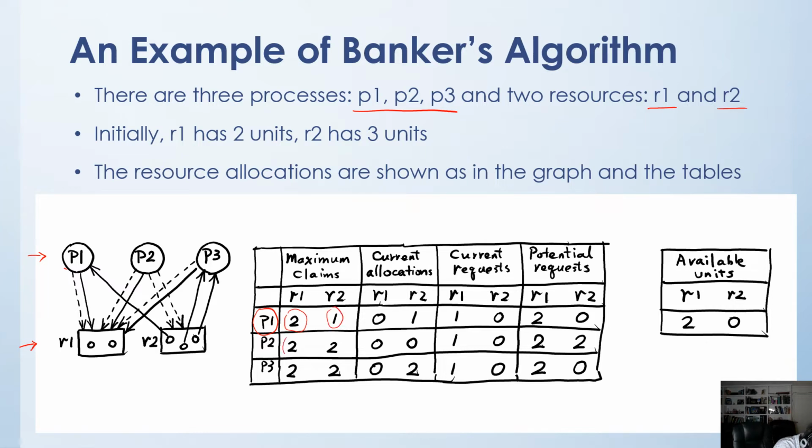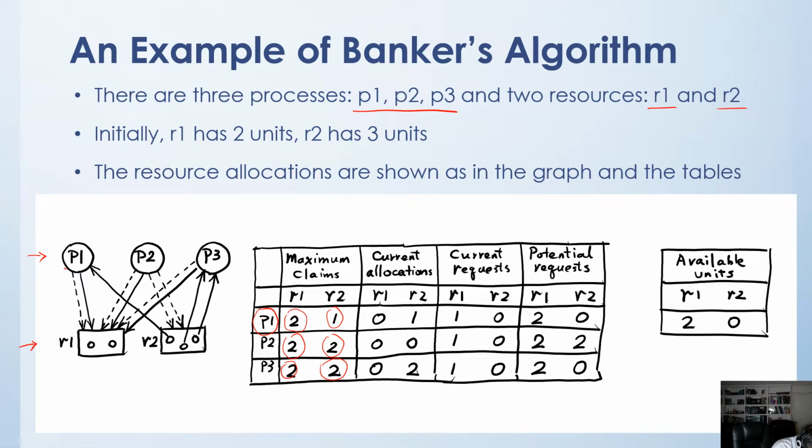Process 2 has 2 claims for R1, 2 claims for R2. Process 3 has 2 claims for R1 and 2 claims for R2. And then this diagram, the claim graph, also shows the current allocation.